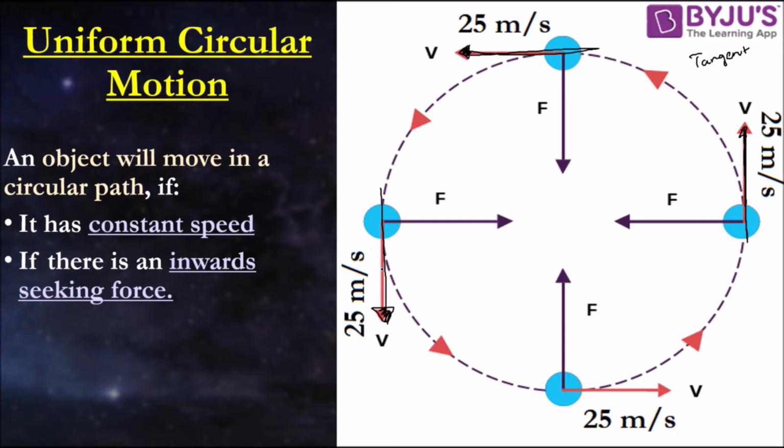So in uniform circular motion, the speed is constant, but what you can see here is the direction is changing. So if we have a constant speed but a changing direction, then we have acceleration, because acceleration depends on whether the speed changes and whether the direction changes.